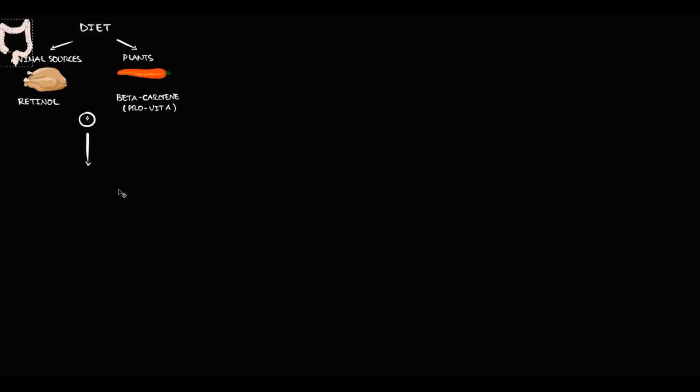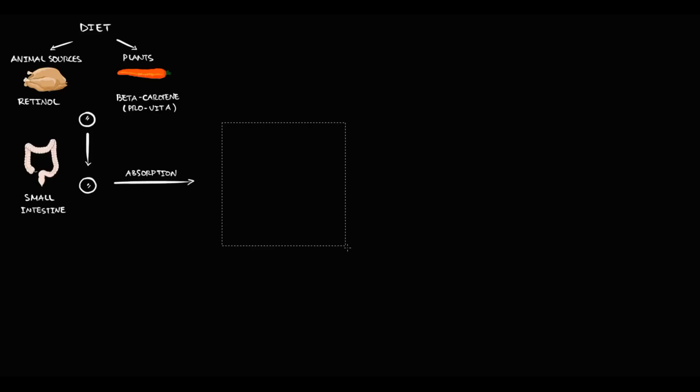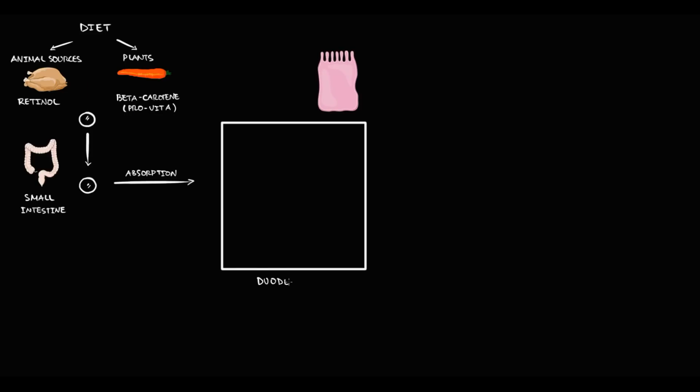Once we consume these products, vitamin A comes to the small intestine, where it will be absorbed by duodenal enterocytes. But recall that for proper absorption, enterocytes require bile acids and salts, which help emulsify fat-soluble substances, because without emulsification, absorption will not work.